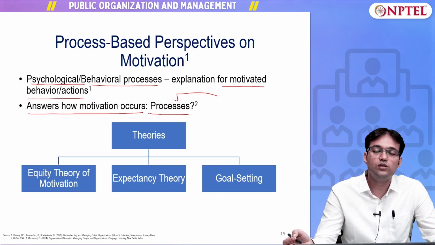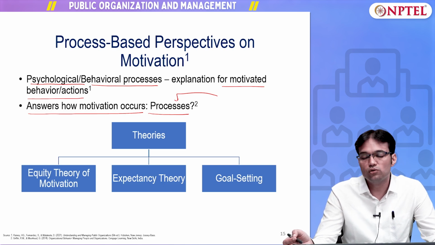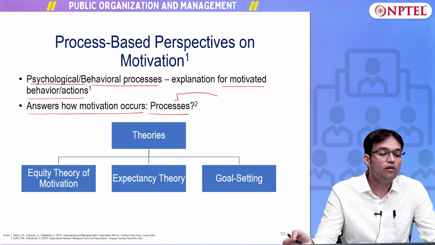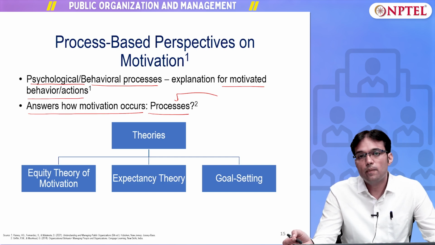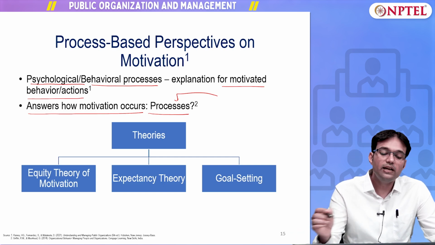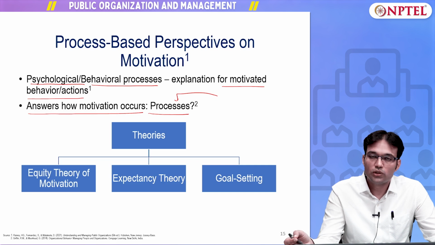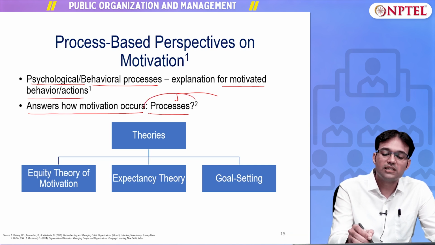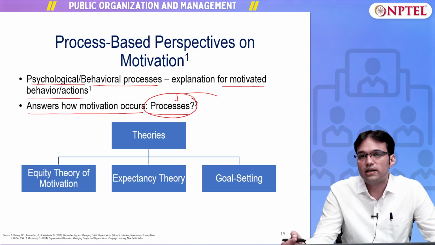Because unmet needs were there, need deficiency was there. That's why people were trying to show the kind of behaviors and express actions which are linked with performance and goal outcomes. But here, people will indulge in showing motivated behavior and action because of the processes of the organizations, right?